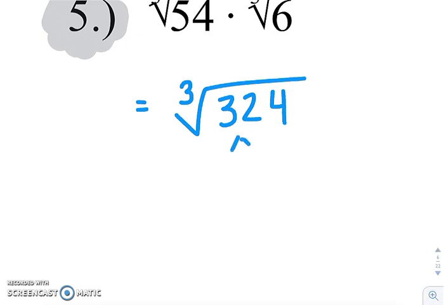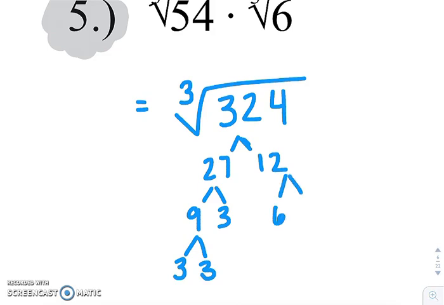So I'm going to go ahead and factor this. So 27 and 12. You could start with anything. You could have started with 2 and 162, but 27 and 12 will work. And then 27, 9 and 3. 9, 3 and 3. 12, 6 and 2, 6, 3 and 2.